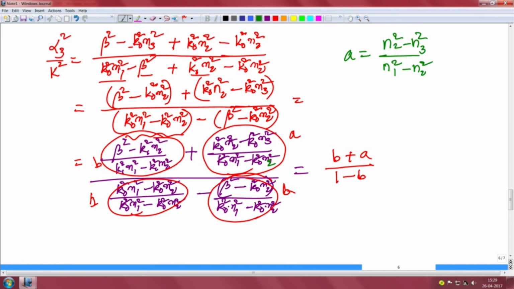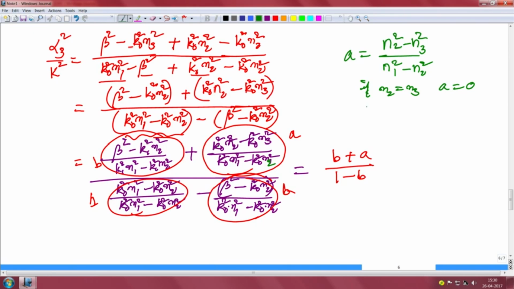This can be interpreted as a parameter depending only on the refractive indices n1, n2, n3, and since we have n2 minus n3 in the numerator, we can note that if n2 equals n3, this parameter a equals 0. That means for symmetric slab waveguide, the parameter a equals 0.